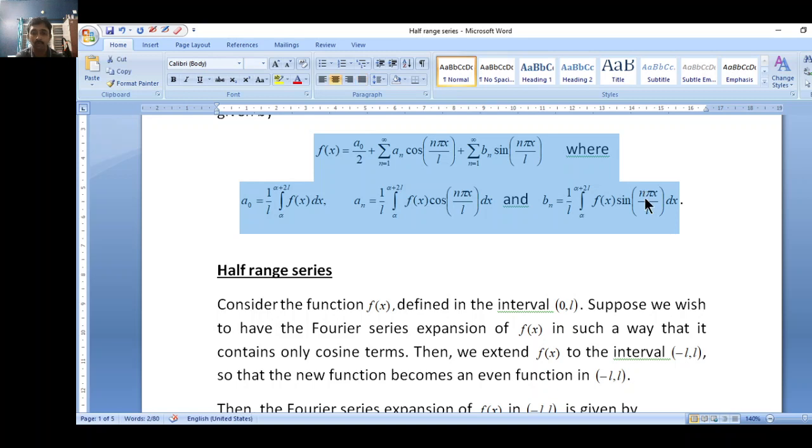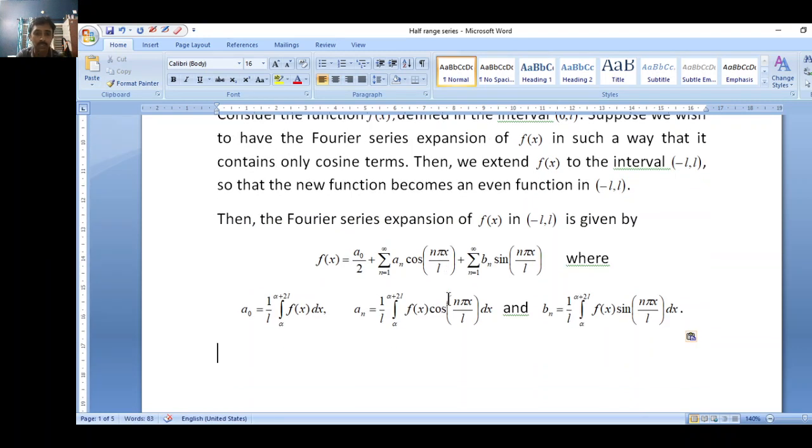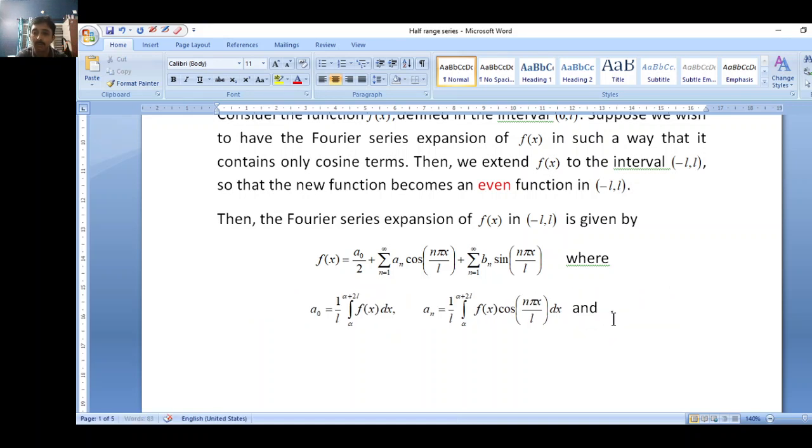So we will have the same expression as it is initially. Okay, so this will be the Fourier series expansion. But now because f of x has become an even function in minus l comma l, what will happen? Because f of x becomes an even function, it so happens that bn turns out to be 0, because f of x is even and sine function is odd, so that the product is an odd function. So bn becomes 0, so there will be no bn term as such.